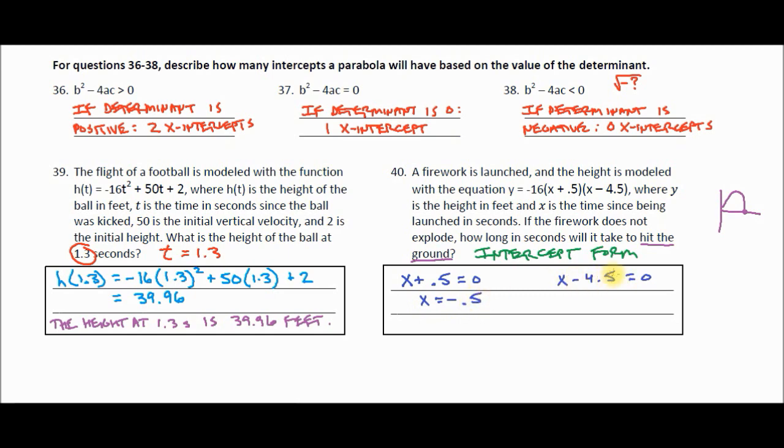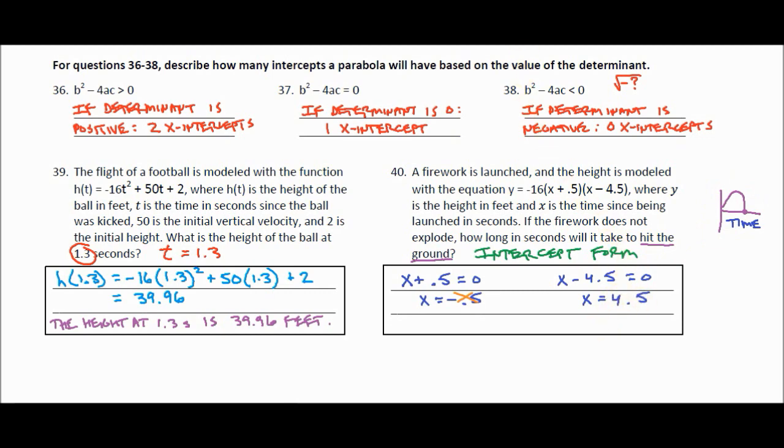Add 4.5 to both sides here and you will get x equals 4.5. Now, this is how long in seconds. We're going to have time on the x-axis, and negative time is never possible. So for x equals -0.5, we can basically cross that out. The seconds it takes for this firework to hit the ground is going to be 4.5 seconds.